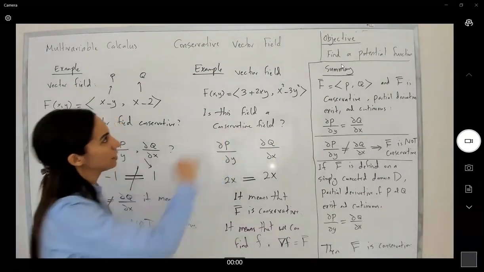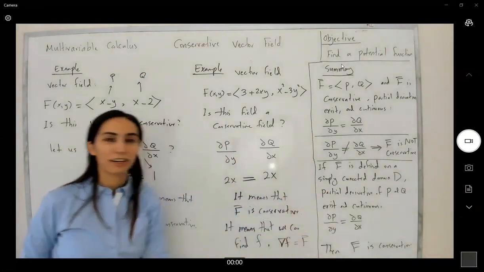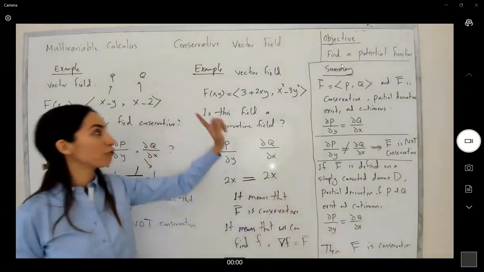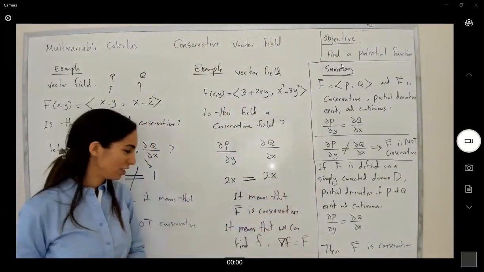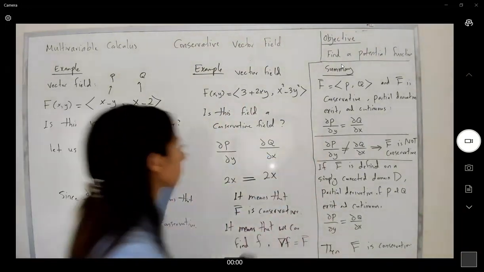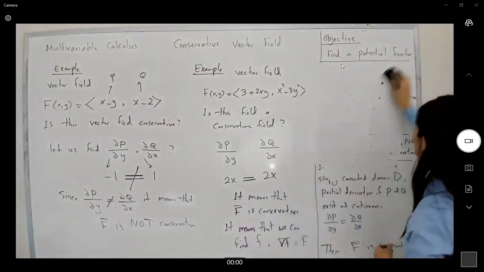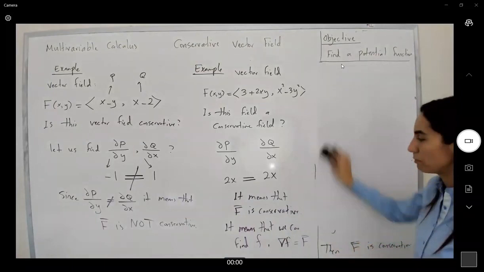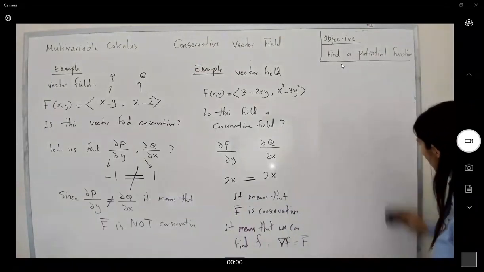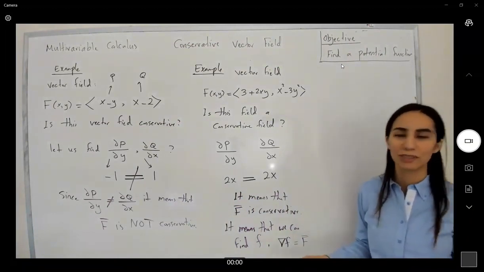So since this example satisfies the theorem, we're going to find the potential function f for this vector function. Since I need space, I'm going to erase this part and rewrite this vector function here for you and show you how to find the potential function. There are many ways to find potential functions. I show one of them to you. If you come up with different techniques that give you the exact same potential function, that's absolutely fine.